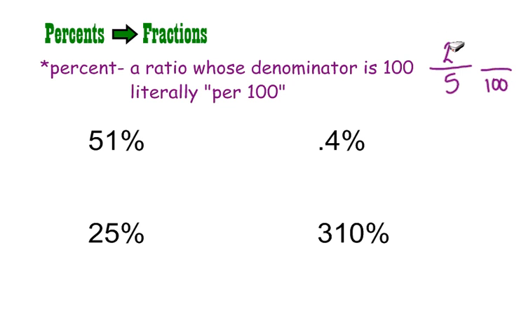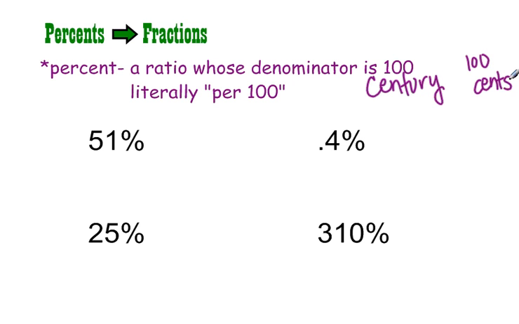And the second definition that I have underneath there, it literally means per 100. The word century refers to 100 years. There are 100 cents in a dollar, and so on.